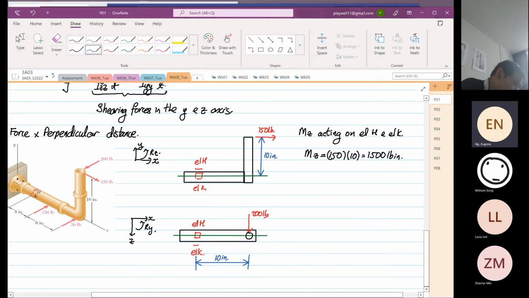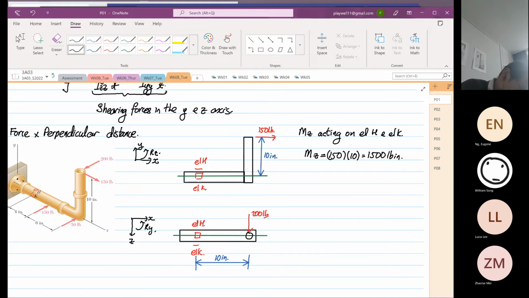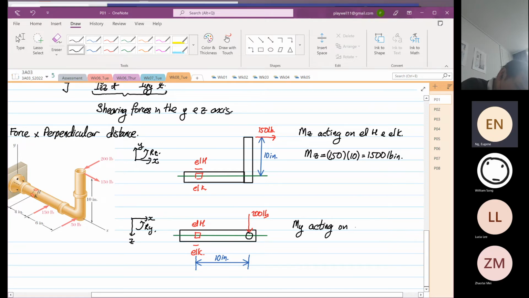So the moment about y, acting on element H and element K, right? So My is equal to 200 multiplied by 10, which is equal to 2,000 pound inch.